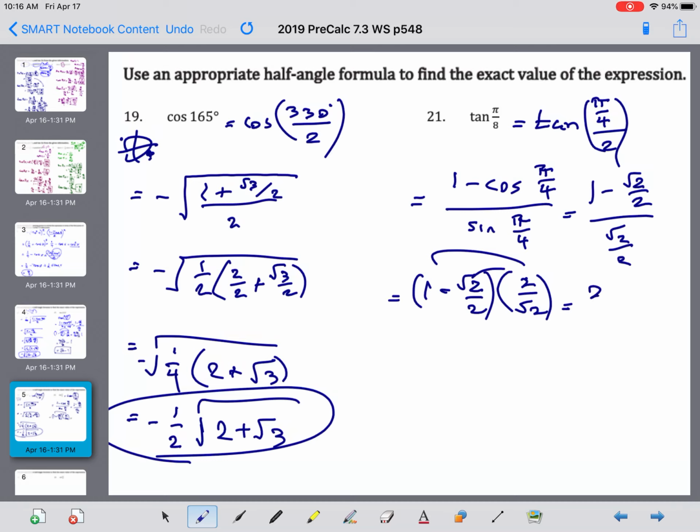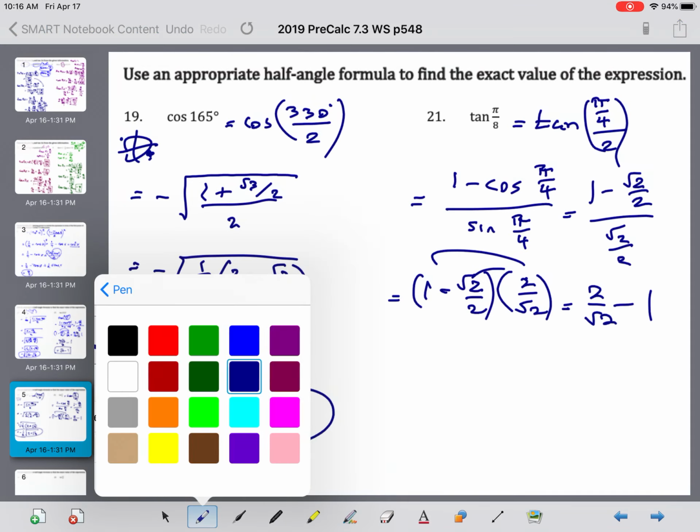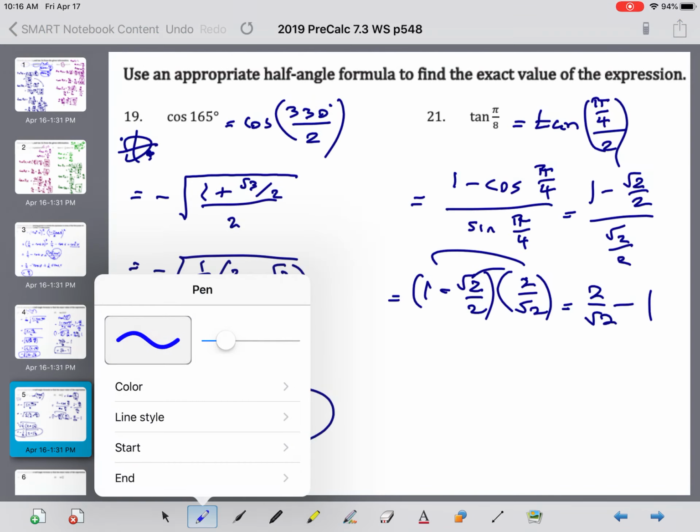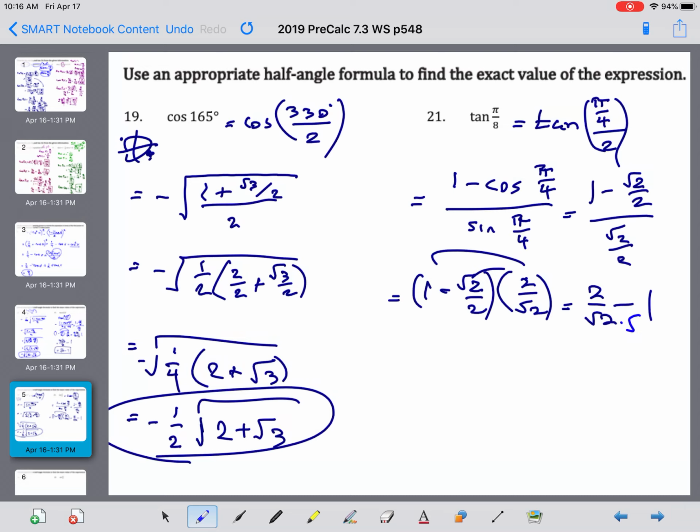And that's going to give me 2 root 2 minus 1. Do some rationalizing here. Multiply by root 2, multiply by root 2. That gives me 2 root 2 over 4 minus 1. Do you simplify?